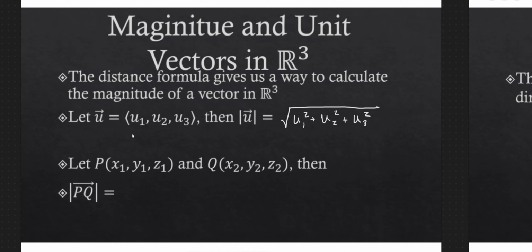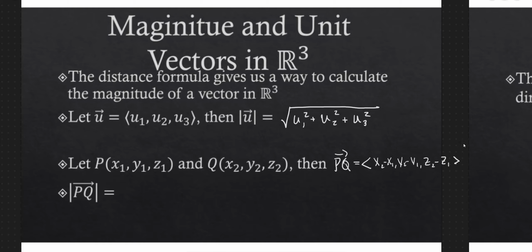Not too bad. Now, what if I give you 2 points, P and Q, in 3 dimensions, and ask you to find the magnitude of the vector PQ? Well, remember that the vector PQ, just the vector itself, not the magnitude of it, will look like the difference in the x's, difference of the y's, difference of the z's.